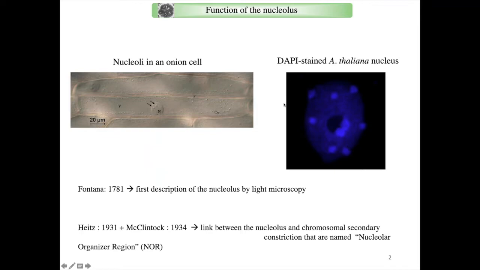And it's after the great work of two great cytologists, Heitz and Barbara McClintock in 1934, while she was still a young researcher, that a link was made between the nucleolus and chromosomal secondary constrictions, now named NORs, for nucleolar organizer regions.